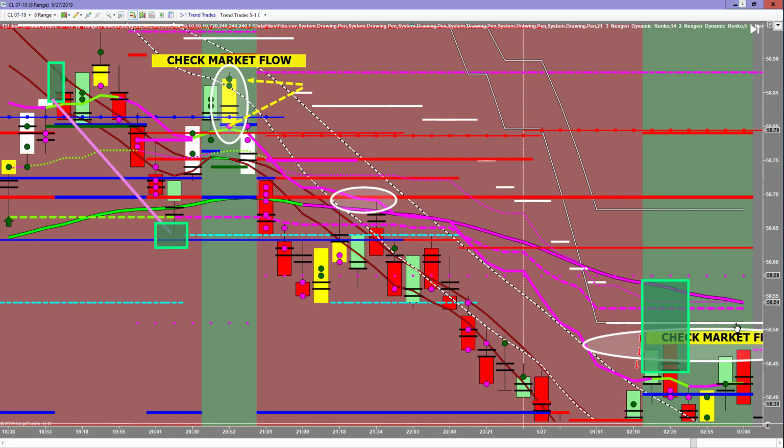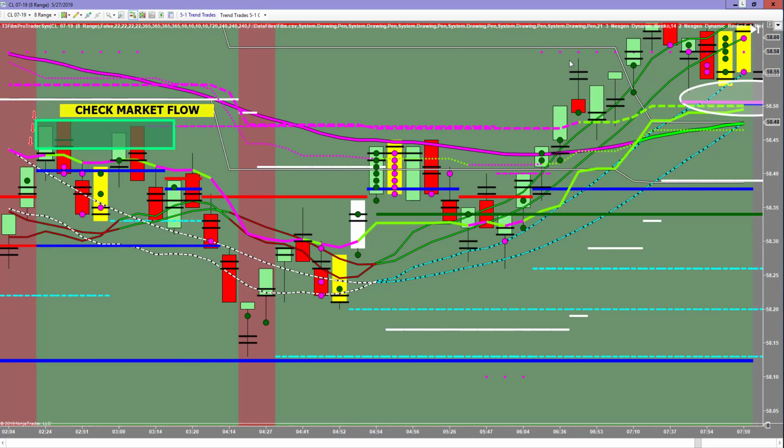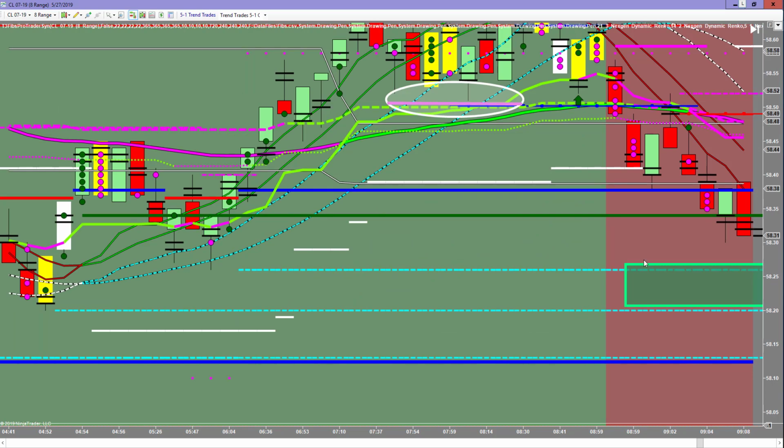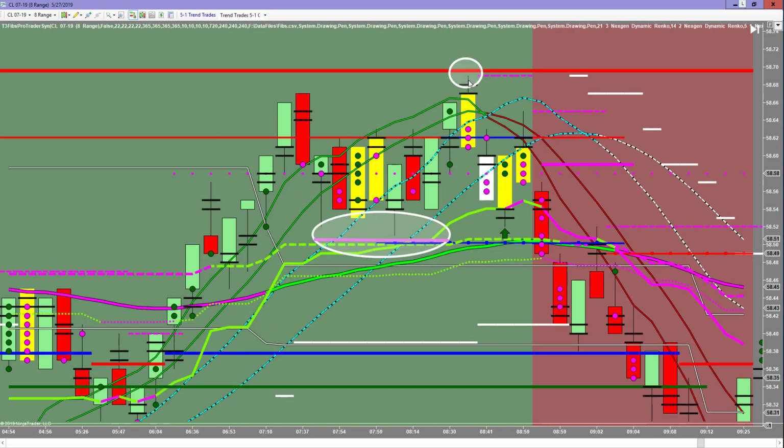All right, let's move forward. And again, we had to check the market flow here. We didn't really get a signal off of this one, so not very helpful in that one situation. And again, look, this was our pivot stop out at the edge of Fibs.